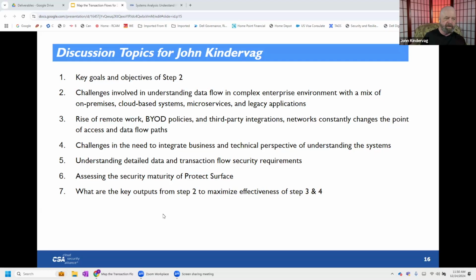I'm going to do my cardholder data environment for PCI, or my Swift environment, or my ATM environment, or my wireless environment for my guest network at my hospital. It doesn't matter. Those are examples of protect surfaces. How does the transaction flow mapping, let's do step 2 for that protect surface, because we've identified step 1. And then once we get the correct output for that, that's when we start doing 3, 4, and 5.